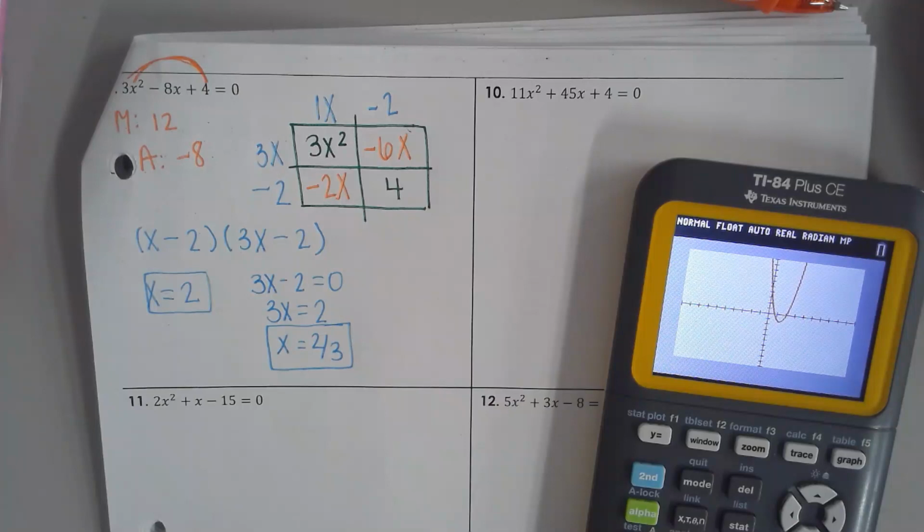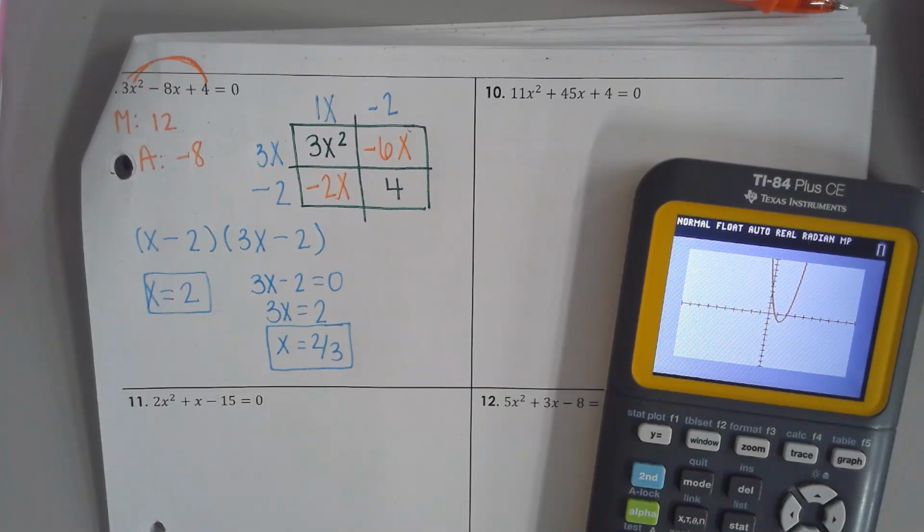Are there any questions so far? Yes. So how do you know to do that extra step here, where you get x equals 2/3? This right here gives you the x-intercepts. So it depends on what the question is asking you.